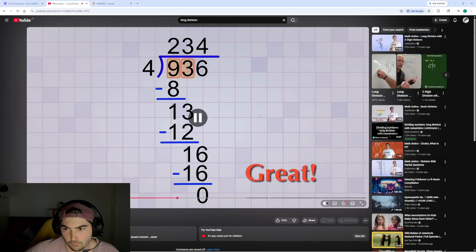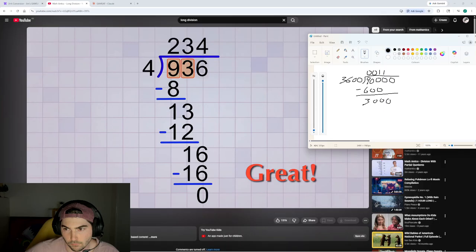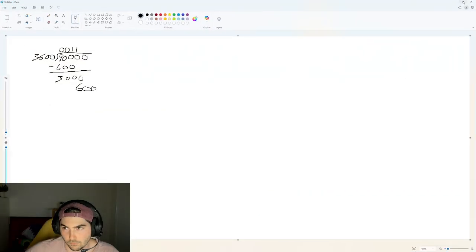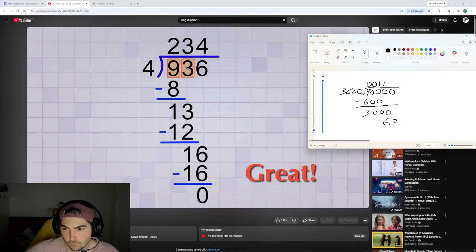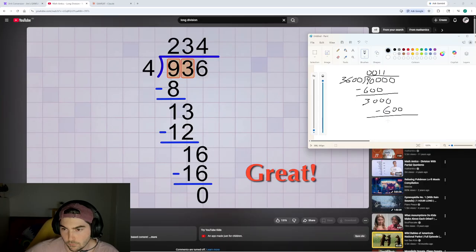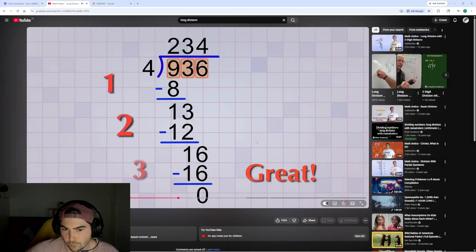We solved the whole division problem digit by digit by breaking it up into 3 basic division steps.